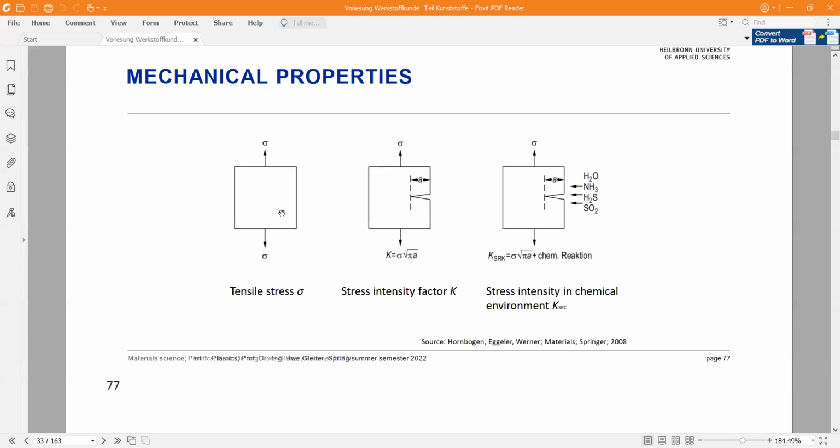When we pull the sample of material at the sides, then we have the stress intensity factor, and stress cracking by environment.